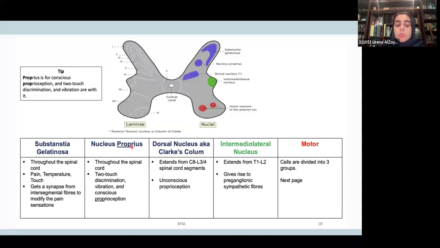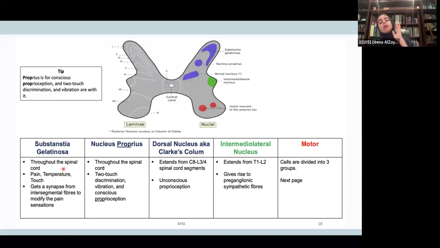Then you have nucleus proprius, which is responsible for two-point discrimination, vibration, and conscious proprioception. Nucleus proprius is basically for the dorsal column. Substantia gelatinosa is basically for the spinothalamic tract, and the dorsal nucleus is for unconscious proprioception, so basically the spinocerebellar tract. So these are the nuclei that they bind to.